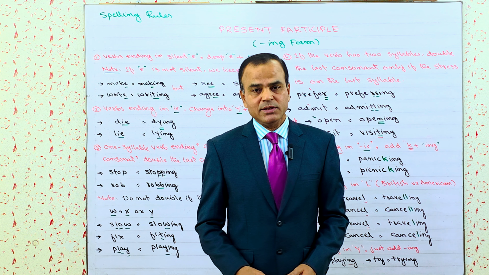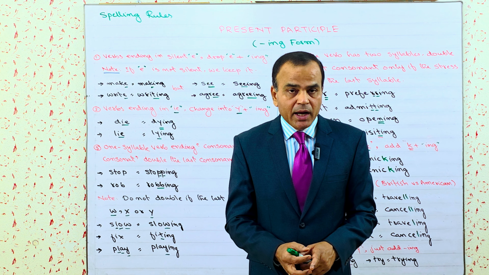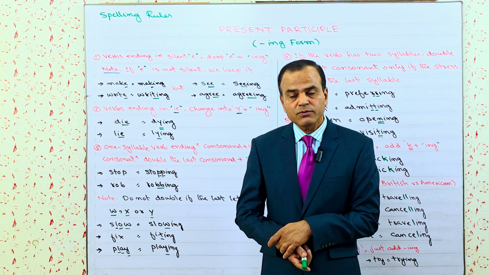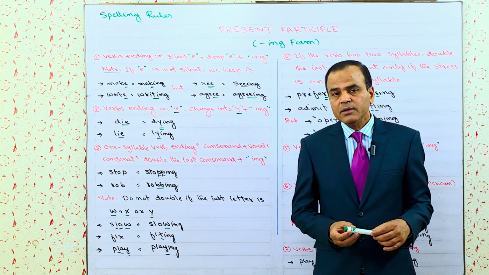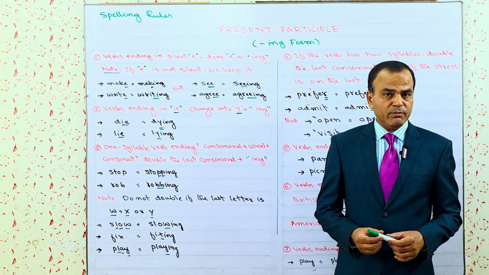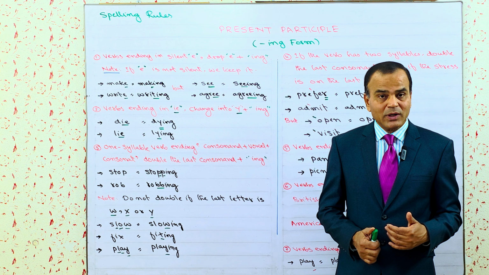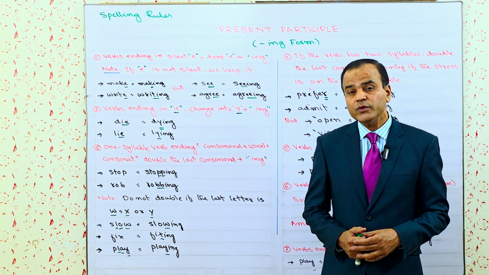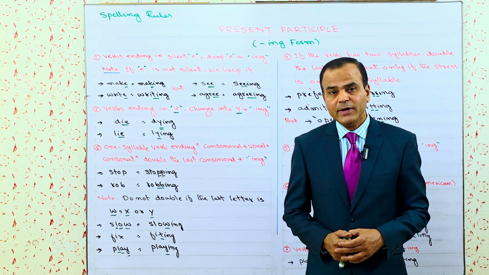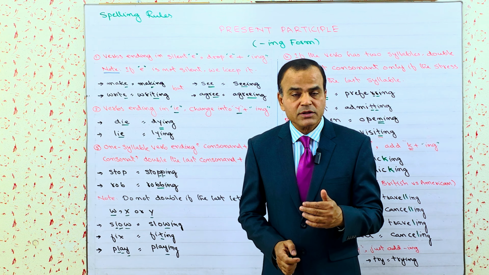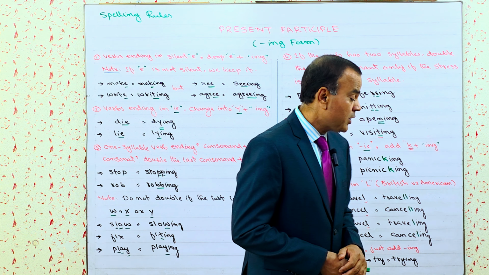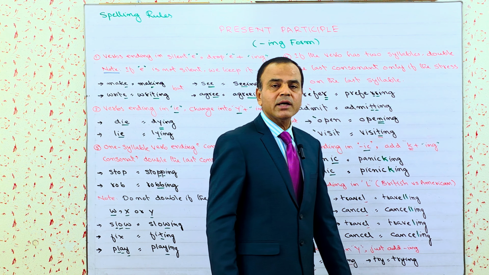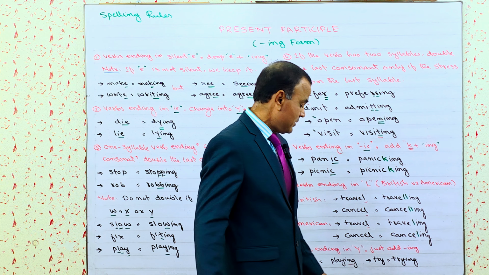Then the question arises: if my verb ends in Y, because if you remember, in the second and third form we learned that Y changes into I before adding D or ED. So do we follow the rule here too while adding ing? The answer is no. If your verb ends in Y, just add ing, nothing else.